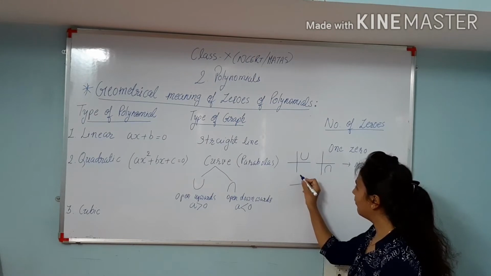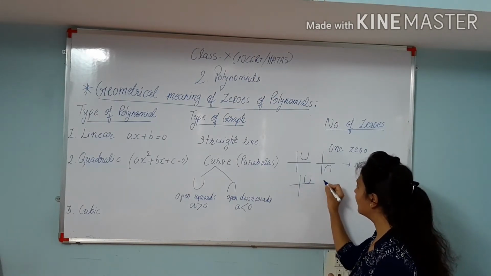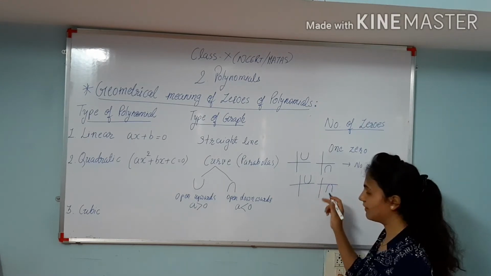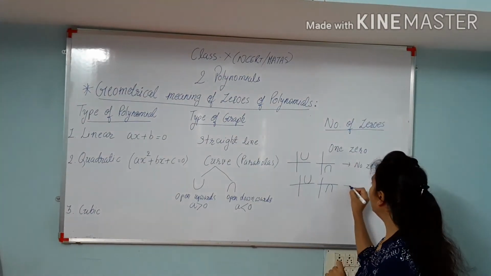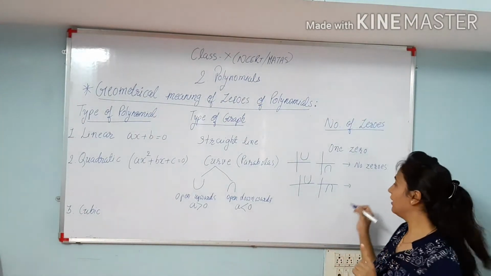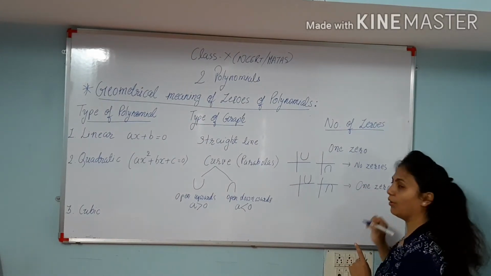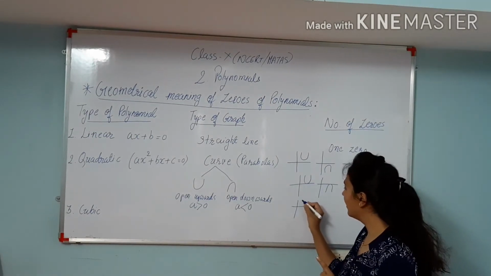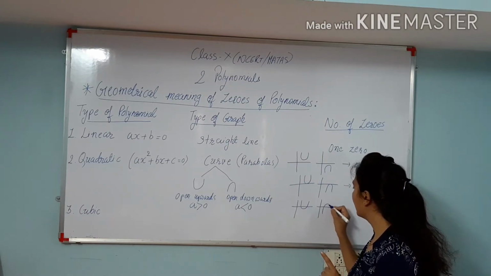Now the next graph, if we draw it like this, it will touch like this. Can you see? It is touching the x-axis, but at only one point. Then the number of zeros will be only 1 zero. Okay. Now the next graph could be like this. See, you can see how it touches.